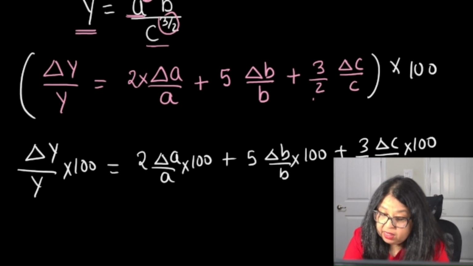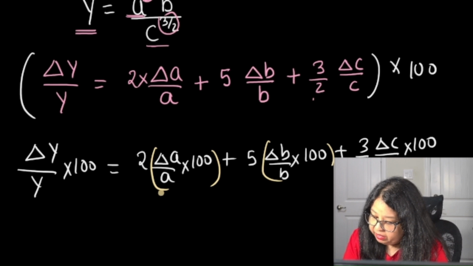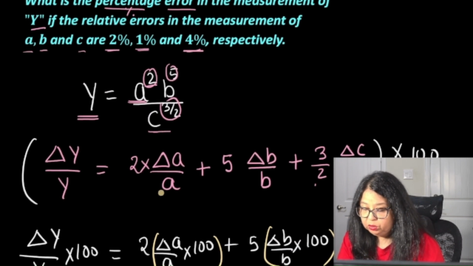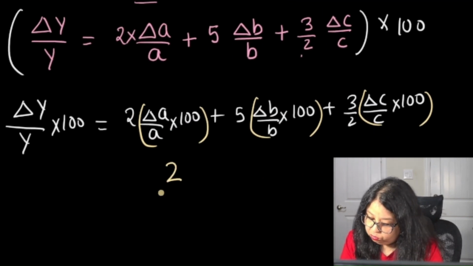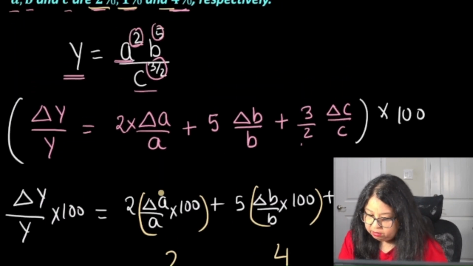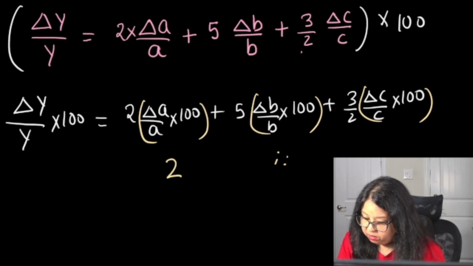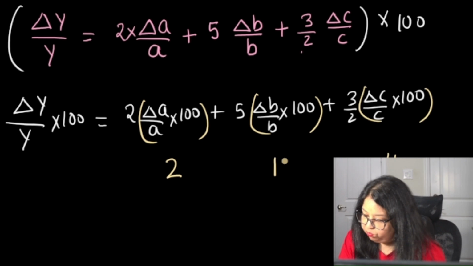Now I'm given the percentage error in A, in B, and in C. These are 2, 1, and 4% respectively. So this is 2, this is, sorry, I miswrote, this is 1, and the last one is 4.